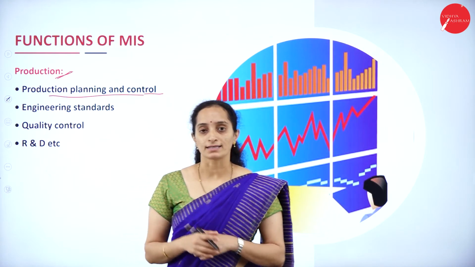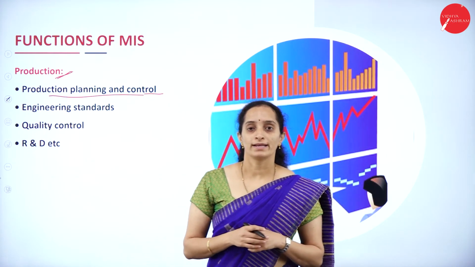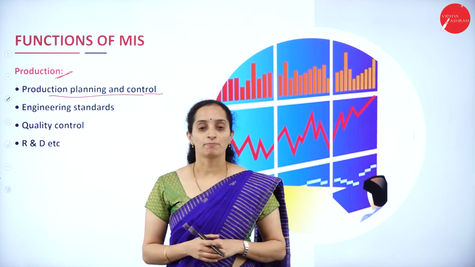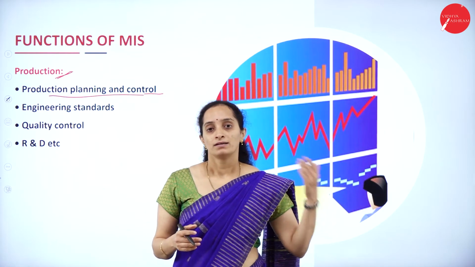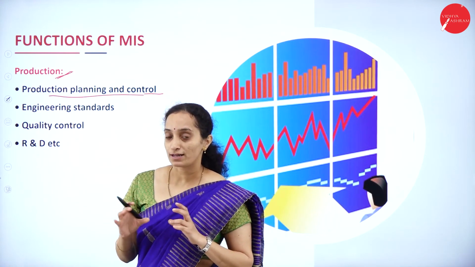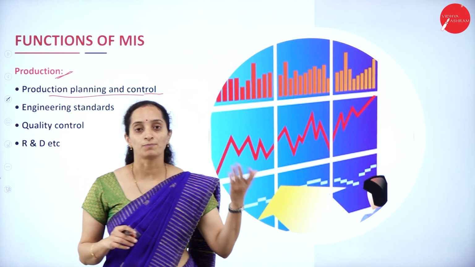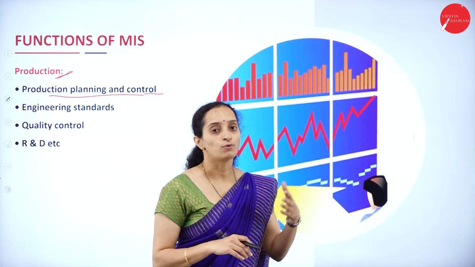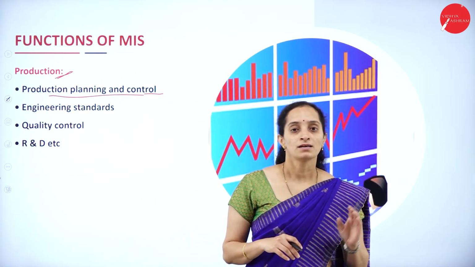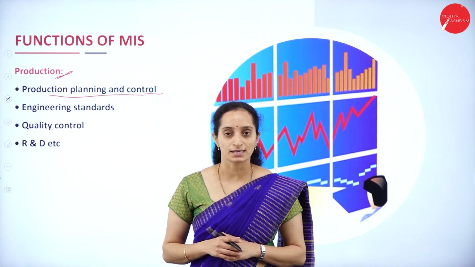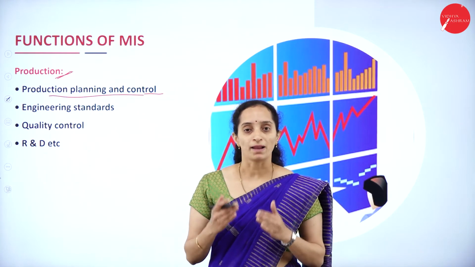Like if you have a car industry or two-wheeler industry, you have to make the production plan by looking at the figures of the last financial year, how much has been purchased and what was the feedback of the customers, and what may be the expectation of this year. Based on that, the plan must be done.